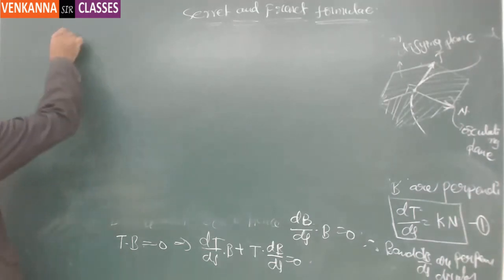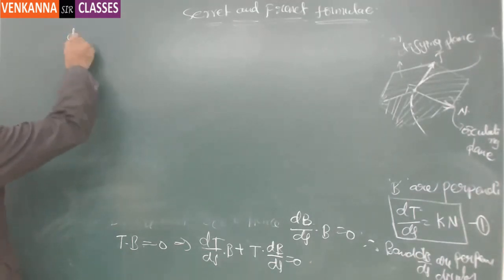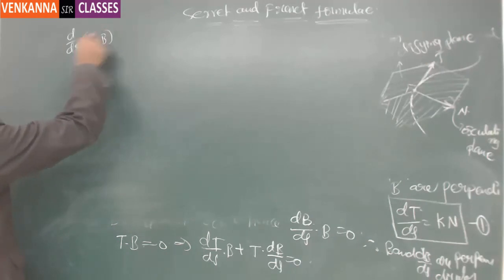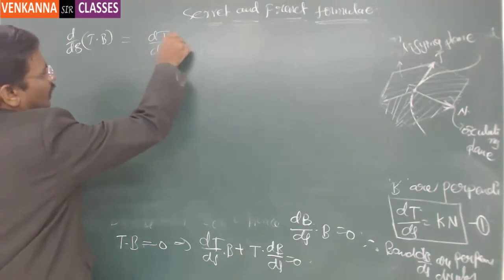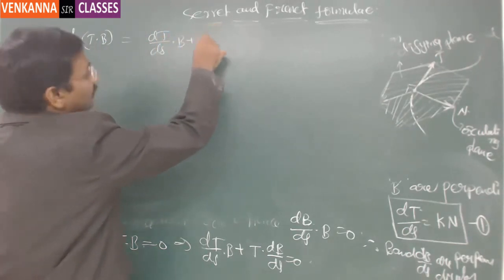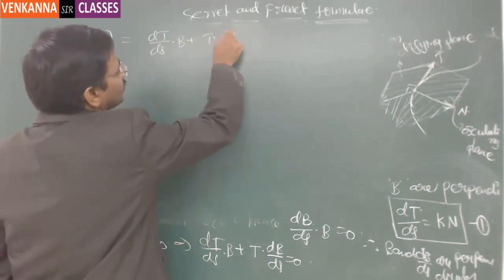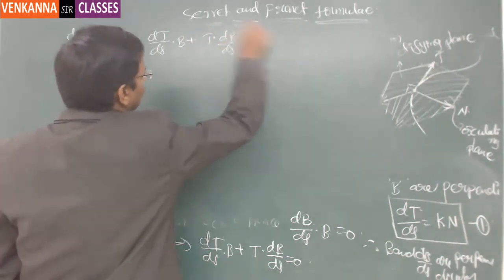From the derivative of T dot B, dt by ds dot B plus T dot dB by ds is 0.